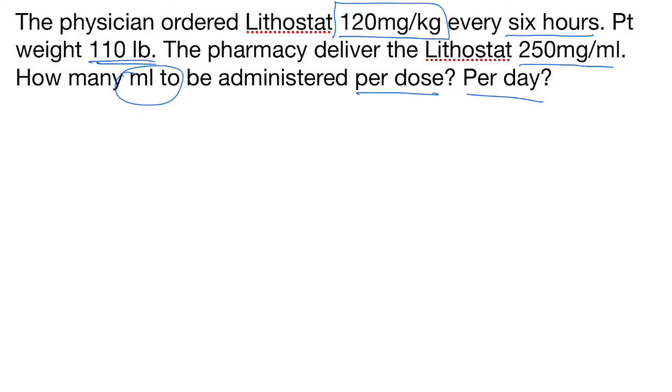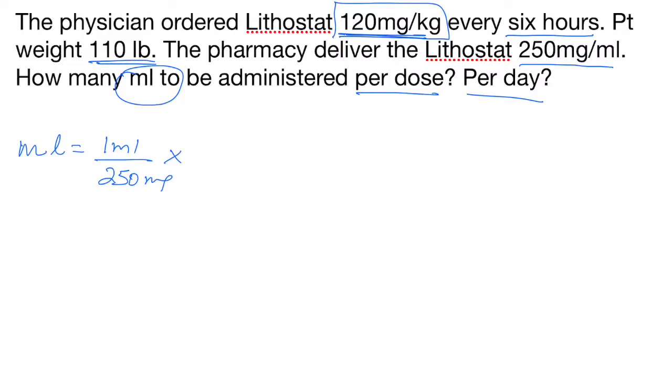So we know we have milliliters, that's what we are asked, and we know the medication is available in 1 milliliter divided by 250 mg. Okay, we will set it up. We also have the order here.